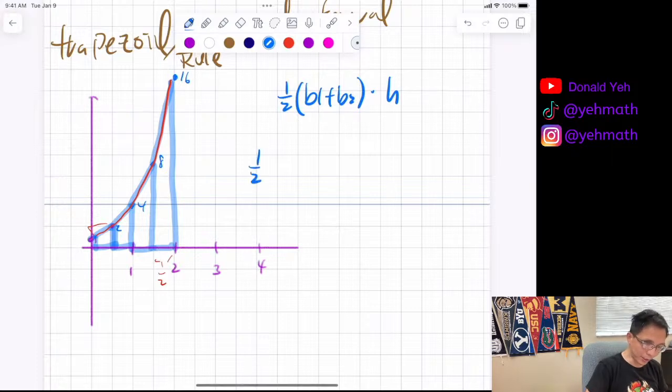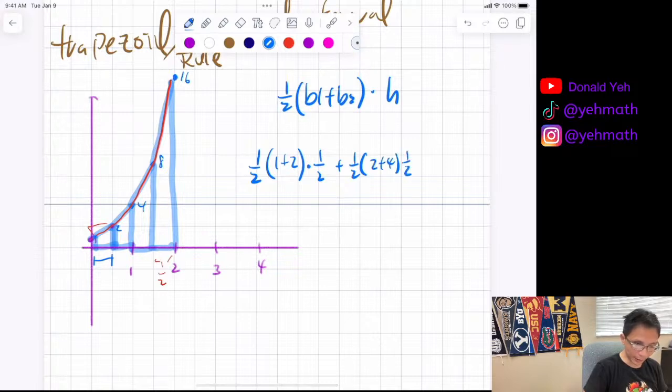So it's going to be 1/2. The base 1 is what? 1 plus 2, right? Like this 1, this 2, times the height, which is 1/2, right? The height is this way, from here to here. Plus 1/2 times 2 plus 4. Plus 1/2 times 4 plus 8.